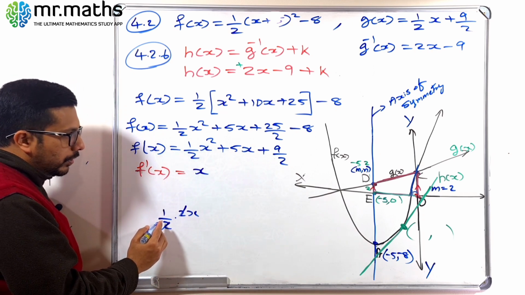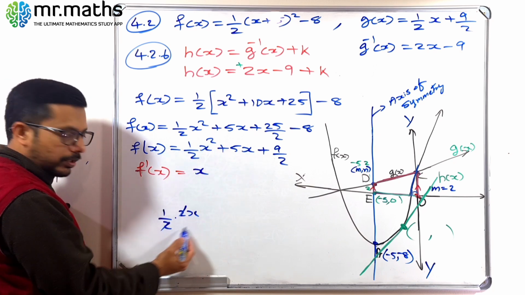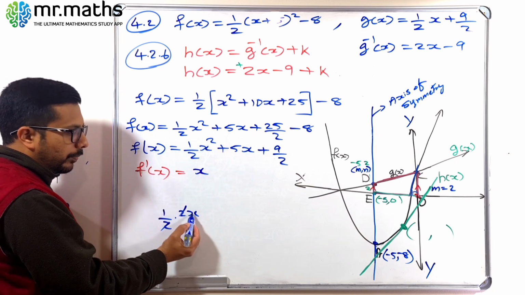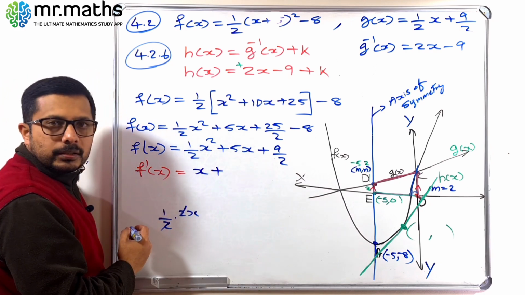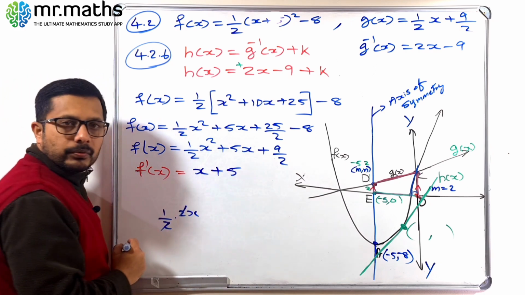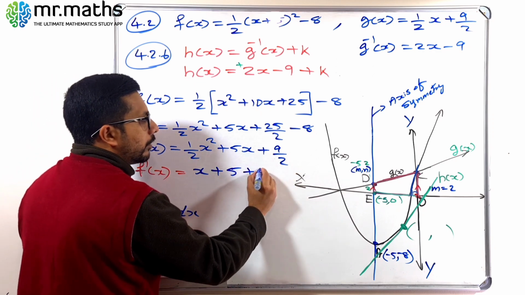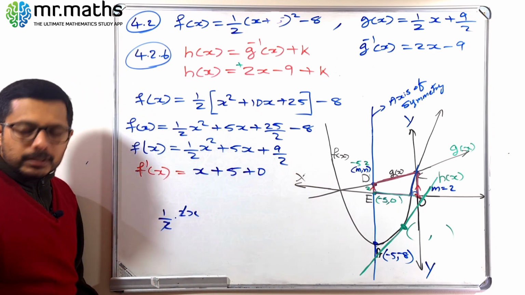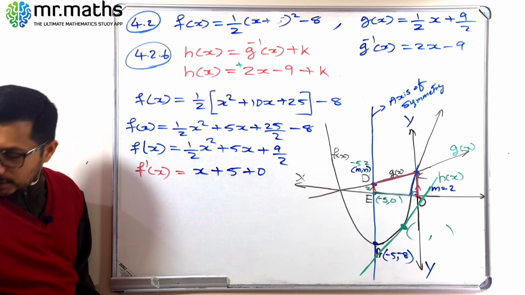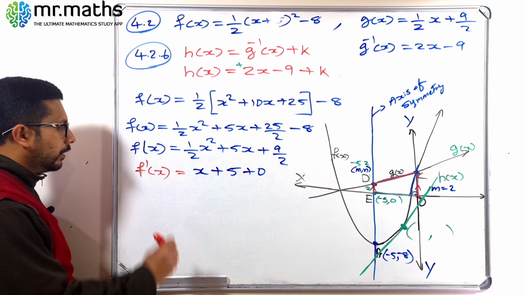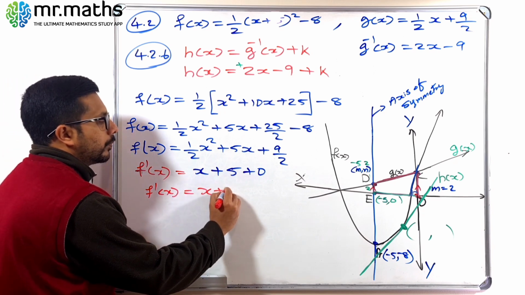Plus, what is the derivative of 5x? The derivative of 5x is 5. What is the derivative of the constant term? The constant term derivative is 0. So it means that f dash of x is x plus 5. So let me write it here: f dash of x is equal to x plus 5.